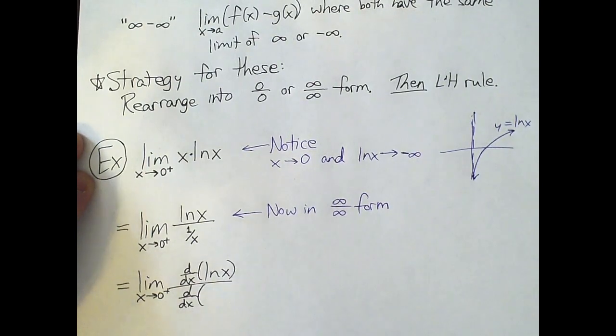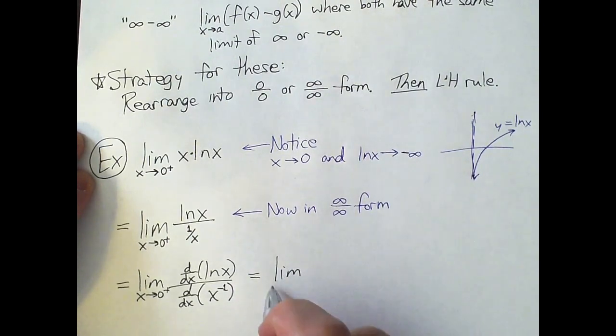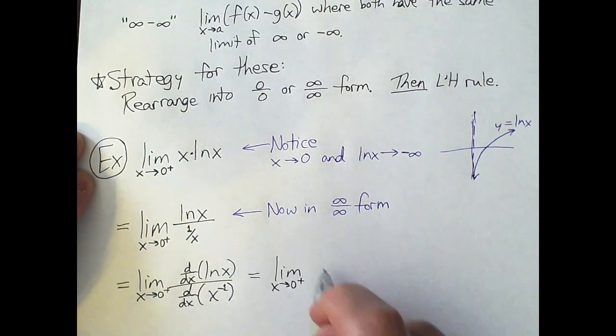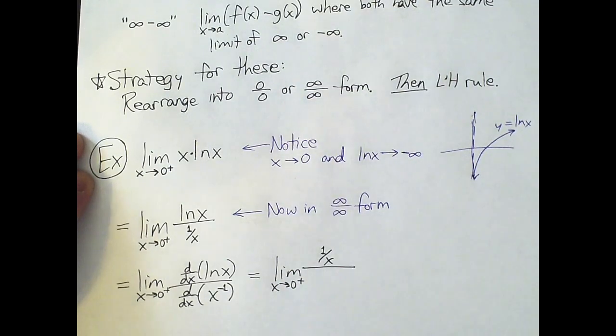Instead of writing it as 1 over x, how about we make it x to the negative 1? It's easier to differentiate in that form. All right, let's take those derivatives. The top gets me 1 over x, and on the bottom, the derivative is going to be negative 1 over x squared.